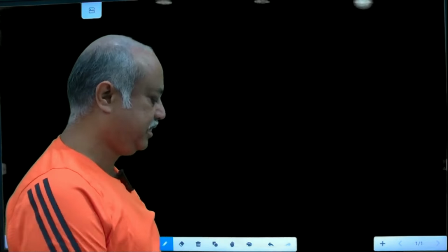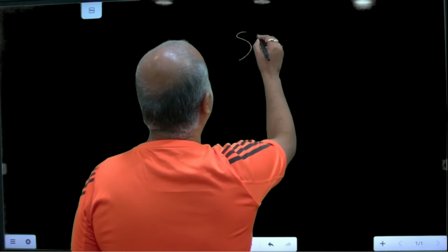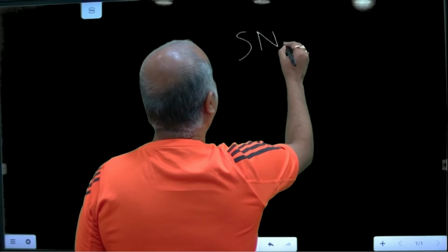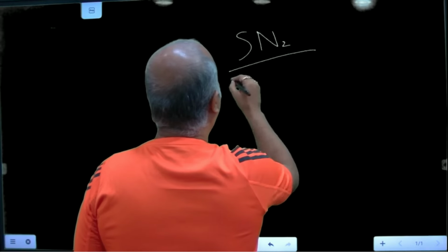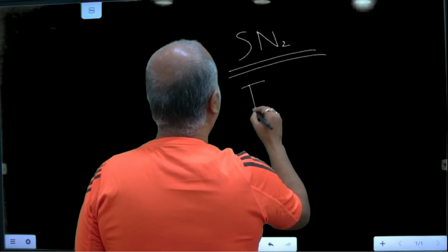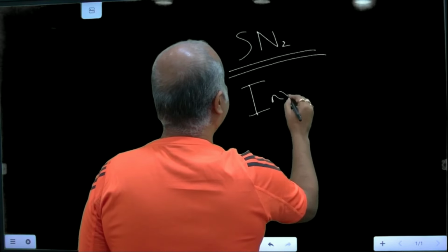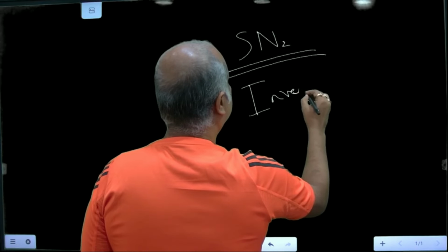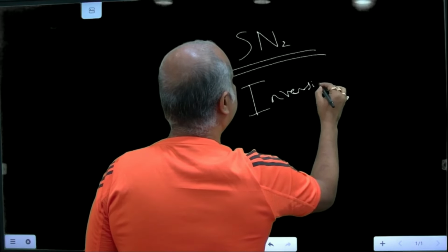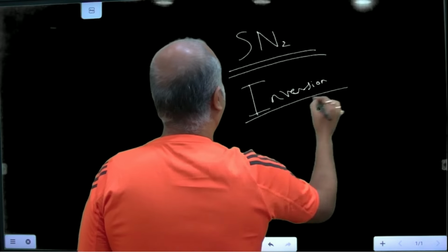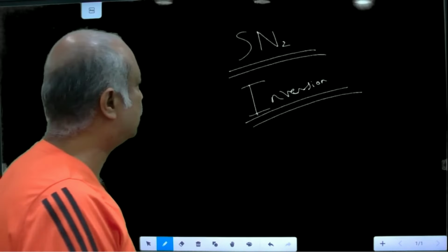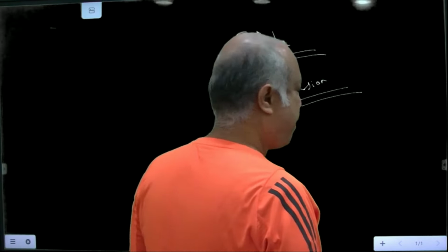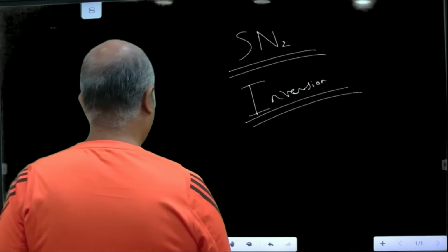But in the SN2 mechanism, there is only inversion of configuration. How does it approach?